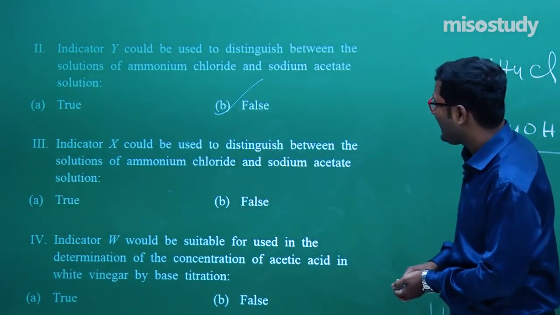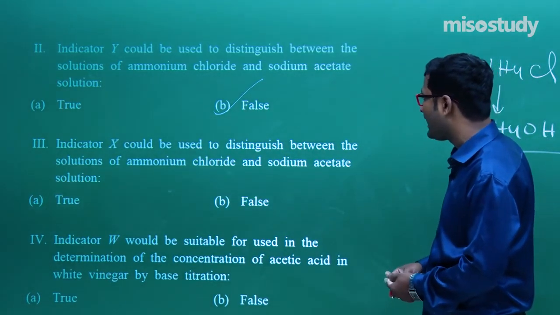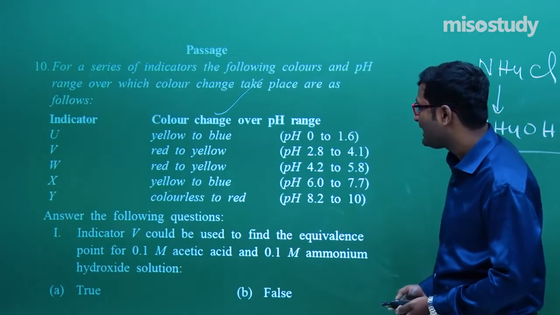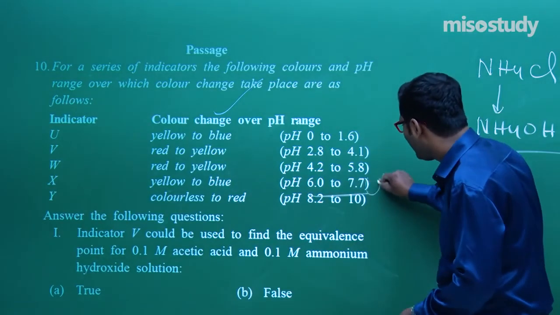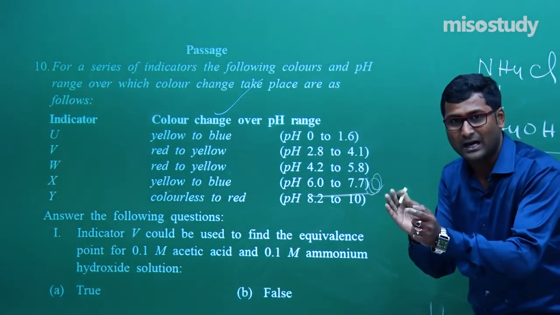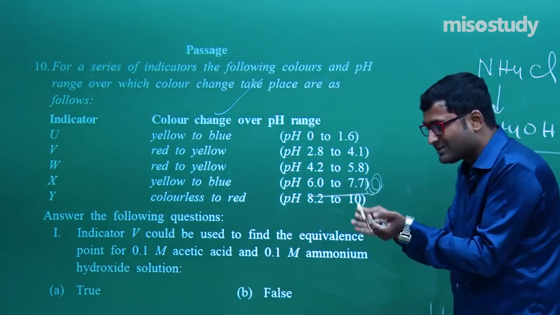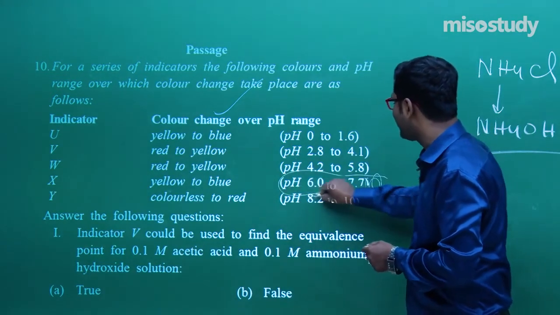Now indicator X could be used to distinguish between the solutions of ammonium chloride and ammonium acetate. Look at indicator X. Its pH range is slightly around 7, slightly less than 7 or slightly more than 7, within this range. Yes, this X has pH range 6 to 7.1.